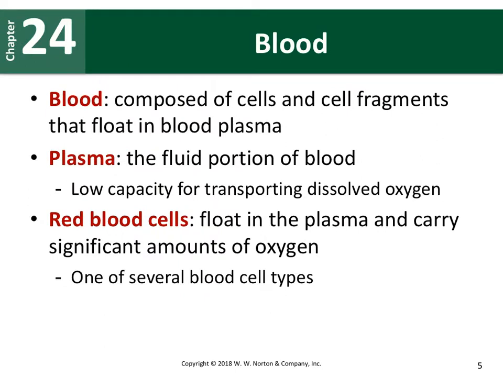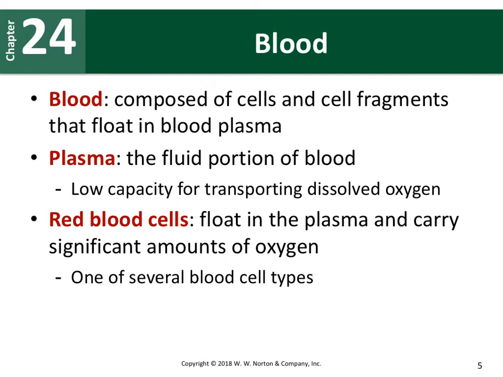So the blood is composed of a bunch of different kinds of cells and cell fragments and other constituents that float in the fluid, which is blood plasma. Those blood cells include red blood cells for carrying oxygen, white blood cells that are involved in the immune system, and then a bunch of other things like platelets, clotting factors, all kinds of different things.